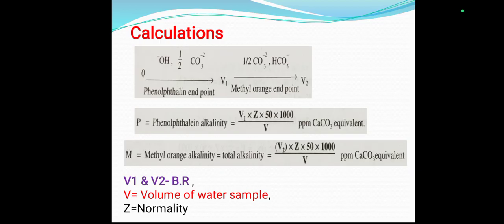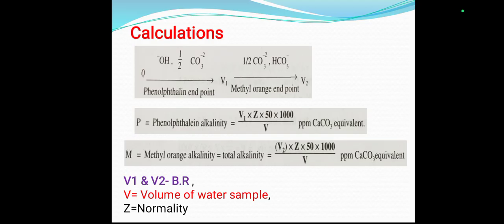So in the formulae you have to take the same things: phenolphthalein P and methyl orange M. We got V1 using P and V2 using M, so P is equal to V1 and M is equal to V2.